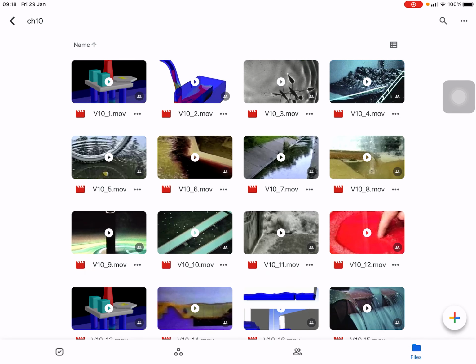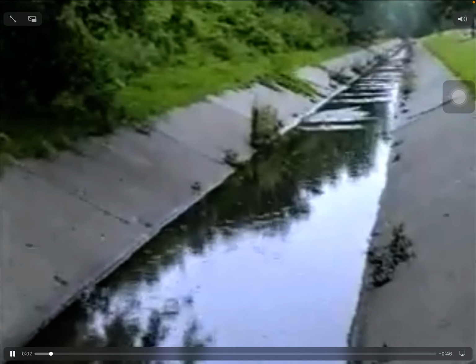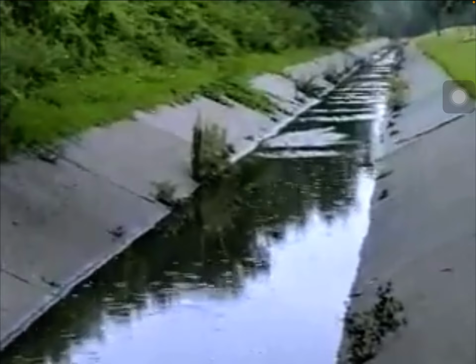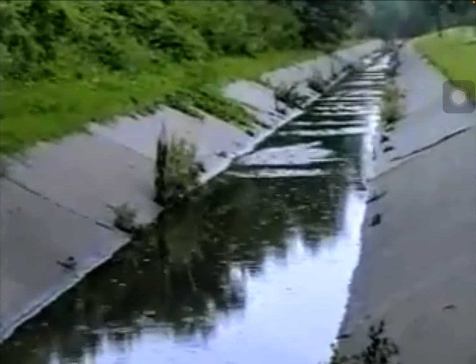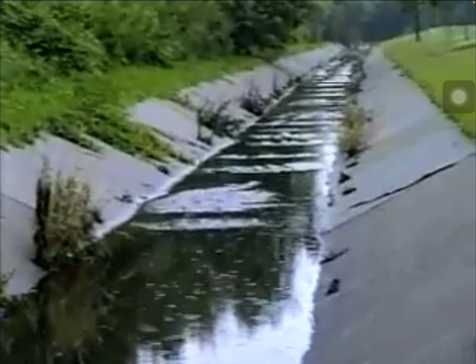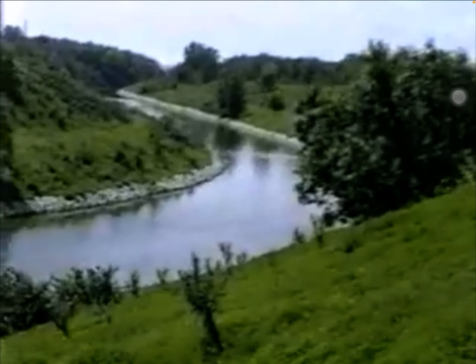Okay. Another clip shows uniform flow. That is a flow in an irrigation channel, a trapezoidal shape lined with concrete. You can see that the cross-section area is uniform. Okay. It's for a gutter on the roof to drain the rainwater.